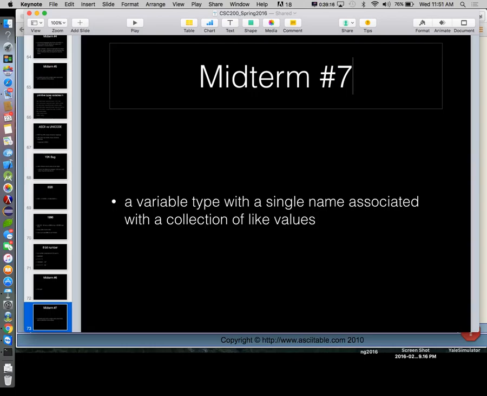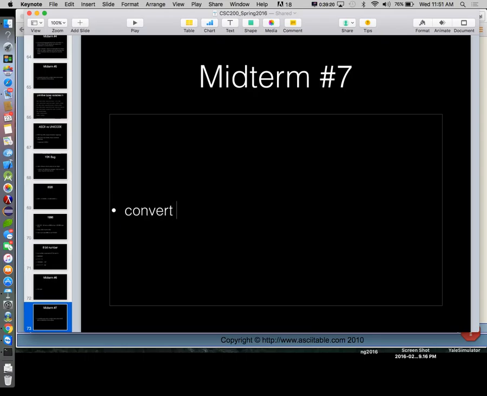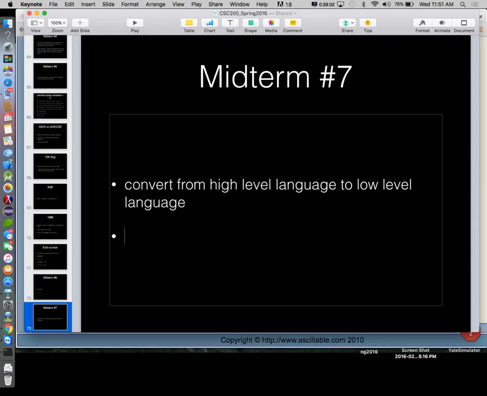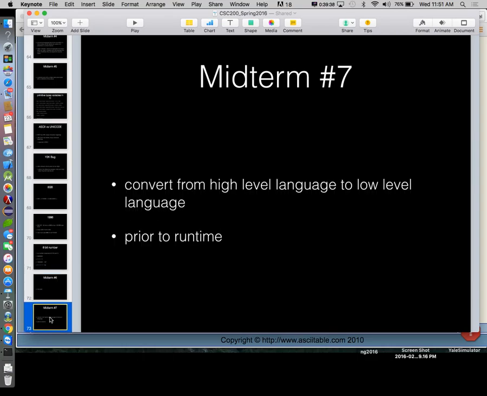Midterm 7. What does it mean to compile a program? Convert from high-level language to low-level language. So this happens prior to runtime.